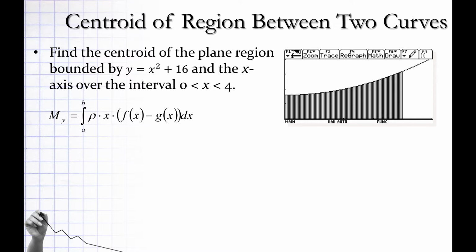And then our mass, density, 0 to 4, top minus bottom. I threw my density out in front because it doesn't matter, and I know that when we divide the two, they're going to divide out. Should that be dx for the last one? Yes.